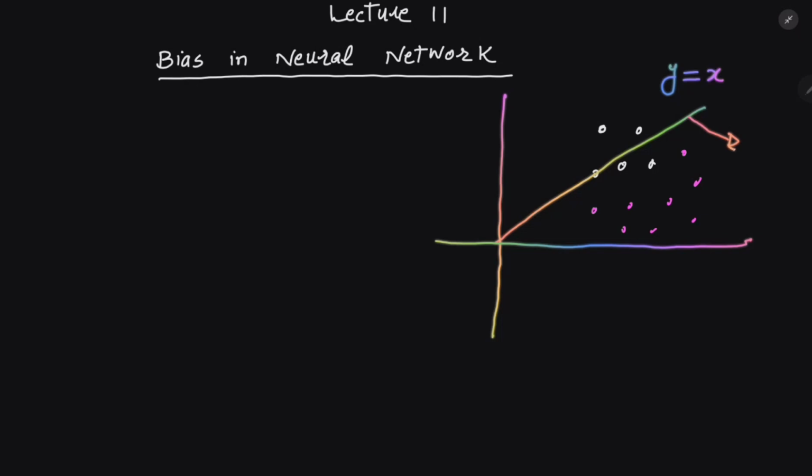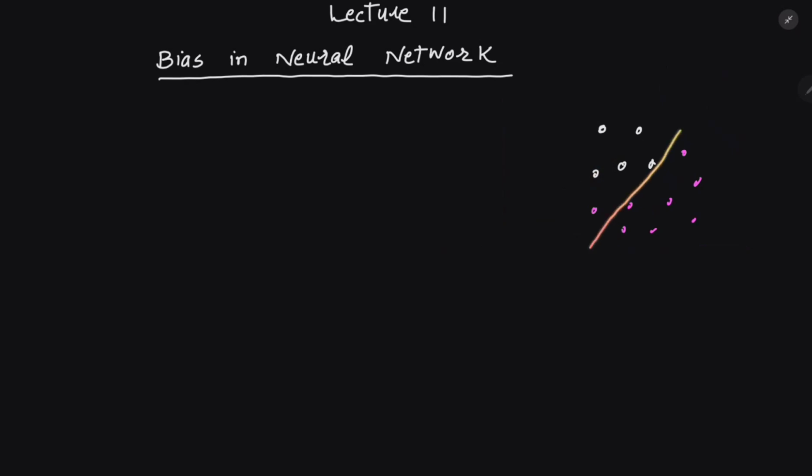So what we needed over here is a line, for example, a line like this, or maybe some kind of line like this, that can classify the data. Maybe a line like this, right?